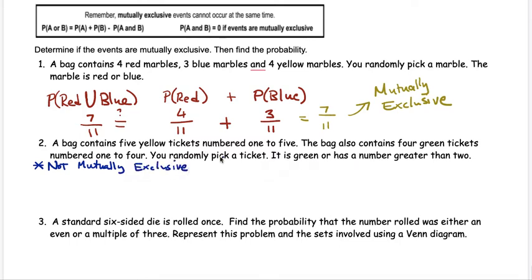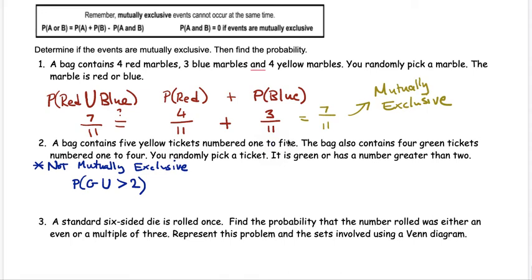Right. So we're randomly picking a ticket. So the probability that it is green or has a number greater than 2. So the probability that it is green or greater than 2. There are 4 tickets that are green, and then greater than 2, we have another 3 from the yellow that are greater than 2. Okay, strictly greater than.